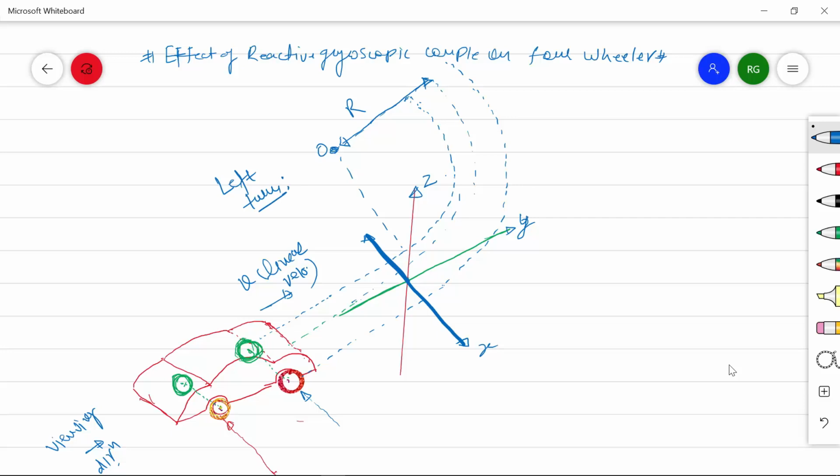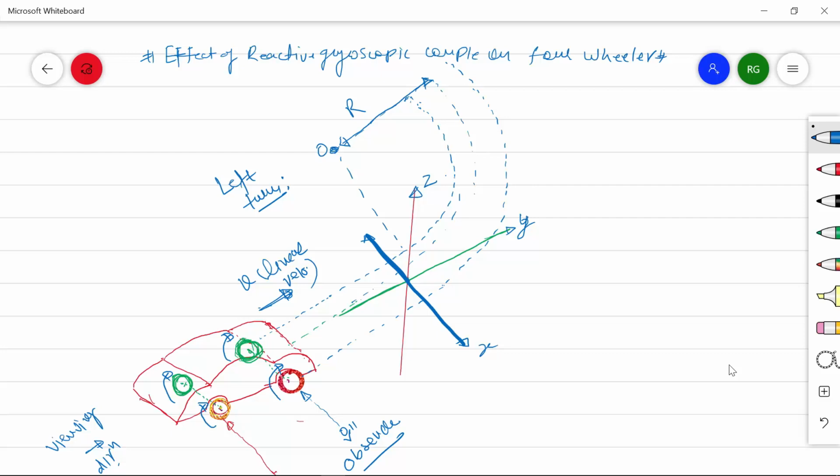If this car is moving with v velocity in this direction, and this is the observer, this observer will find that the tires are rotating in clockwise direction, or all four wheels are rotating in clockwise direction.